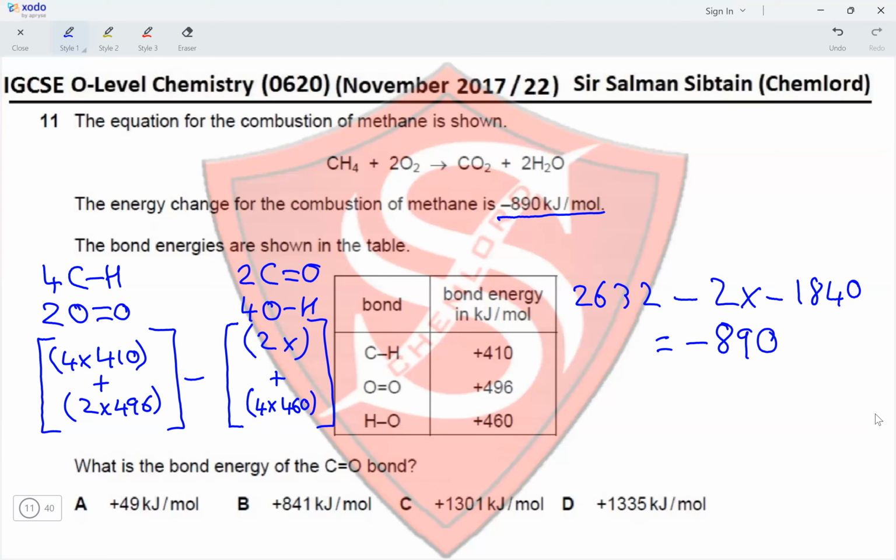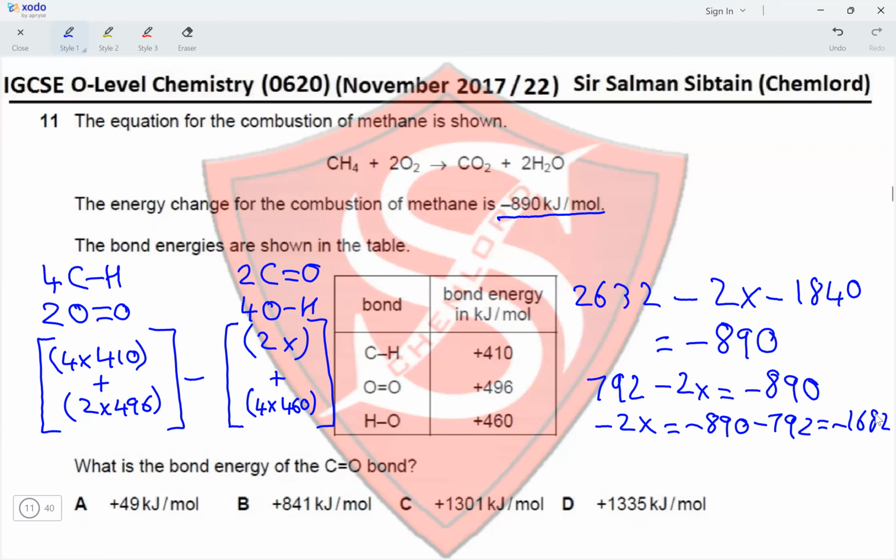And all of this is equal to minus 890 as given in the question itself. So 2632 minus 1840 becomes 792 minus 2x equals minus 890. So minus 2x equals minus 890 minus 792, and this is equal to minus 1682.